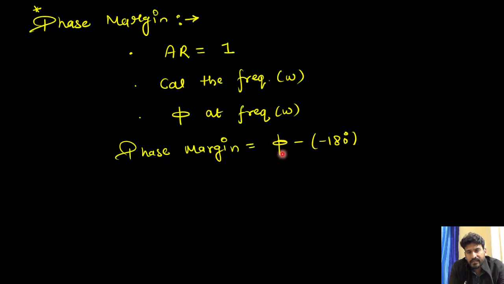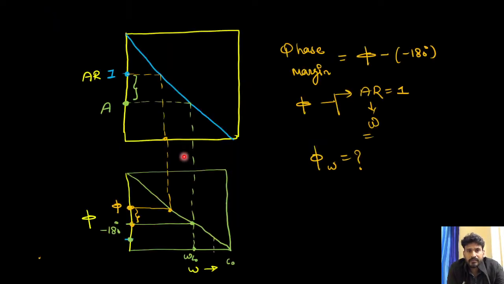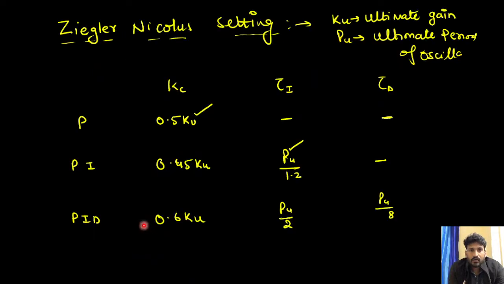You are able to calculate the value of the phase margin. That's it. Put AR equal to 1, calculate the frequency, at this frequency find out the phi, and put this phi here. That will be your phase margin. Is it clear to you?